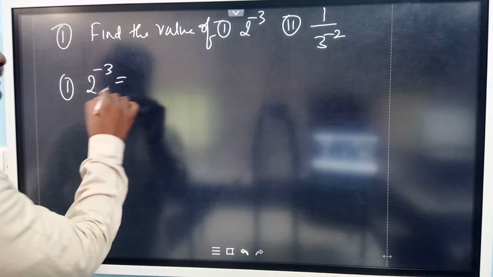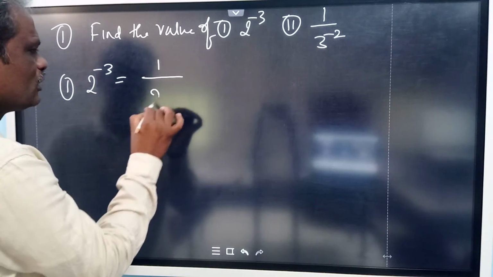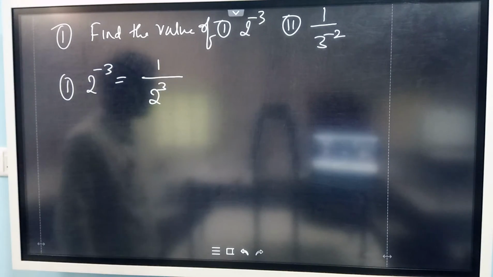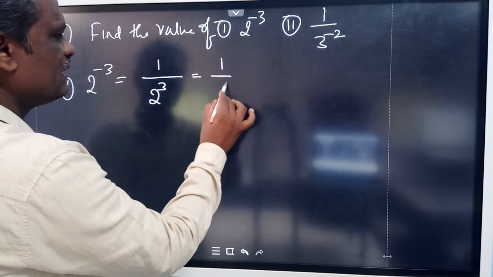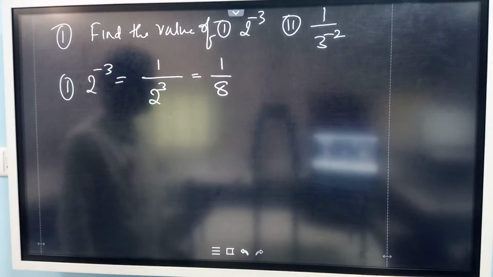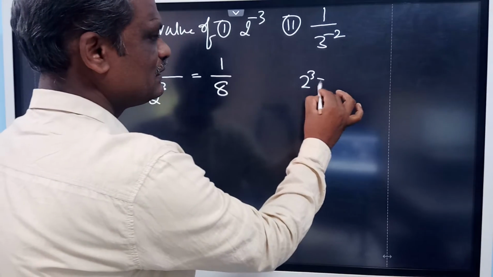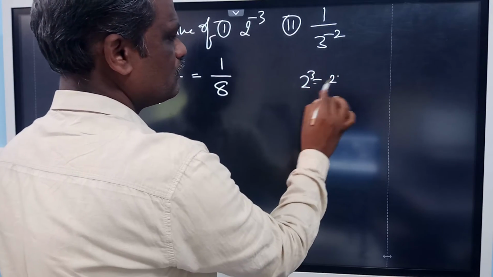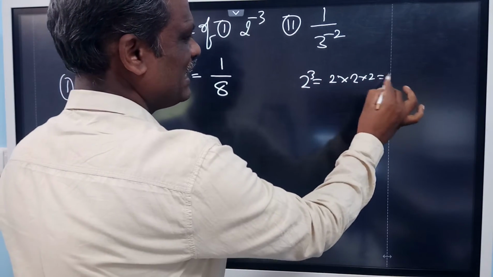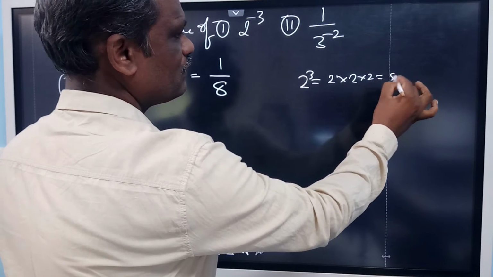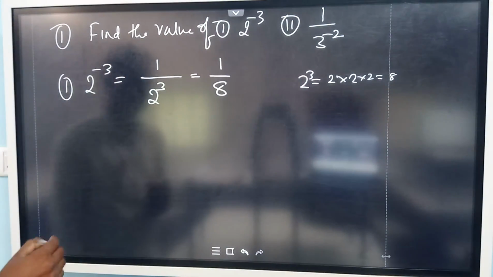So you can bring this to the denominator, 1 divided by 2 to the power plus 3. So 1 divided by 2 to the power 3 means 1 divided by 8. So this is its value. 2 to the power 3 is equal to 2 into 2 into 2, it is 8. So you can write 8 in the denominator.